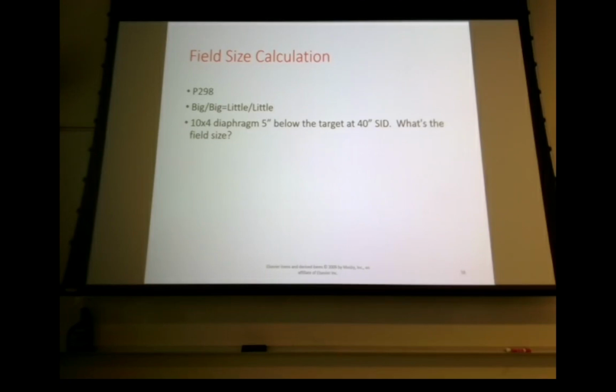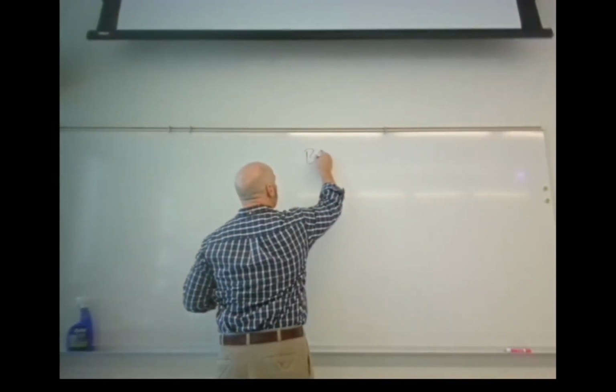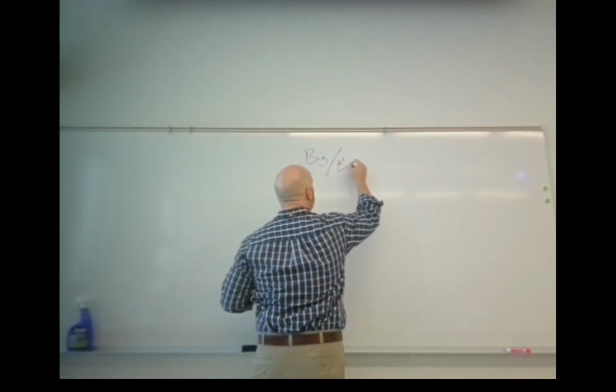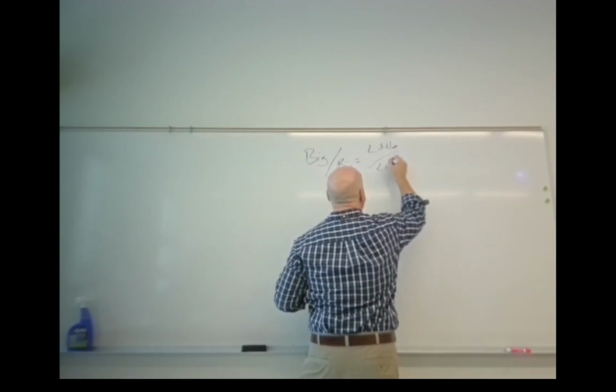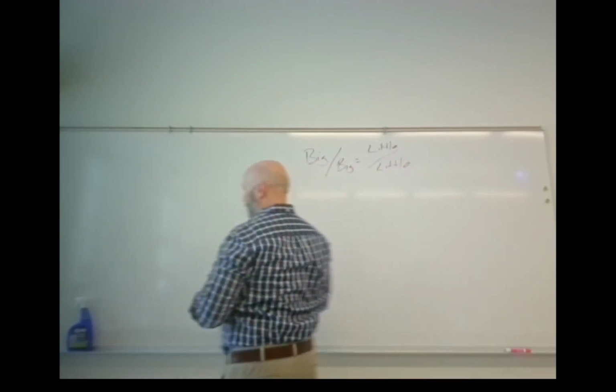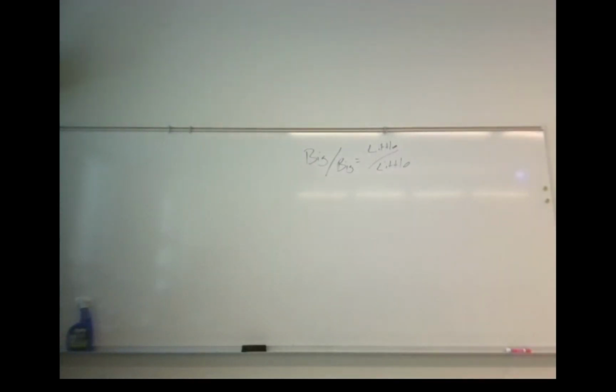Okay. So let's work through this one. You see that I've got big over big equals little over little. If you look at the formula on page 298, it's a little bit more complicated than that, right?